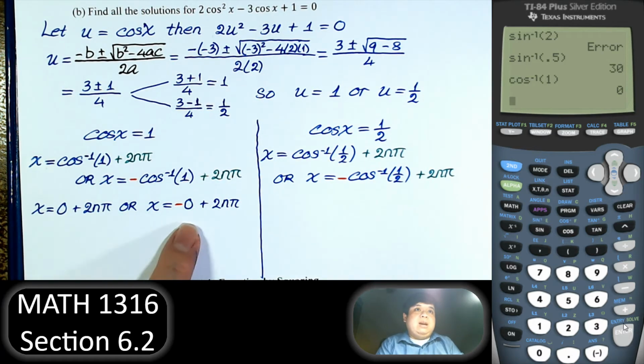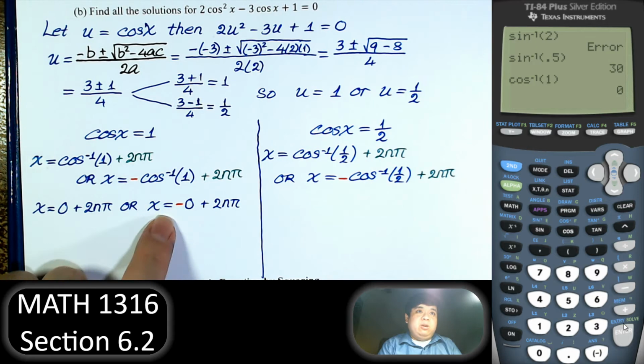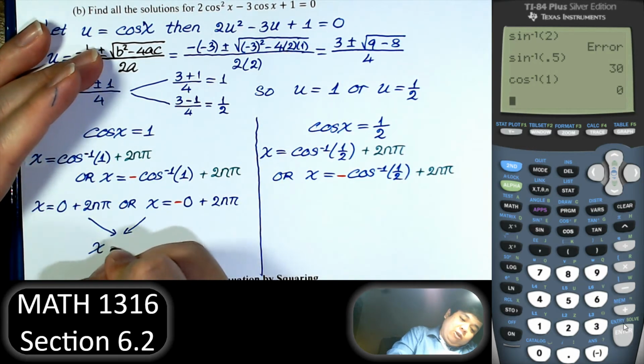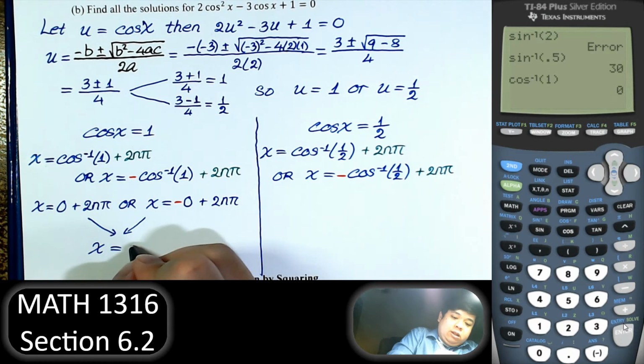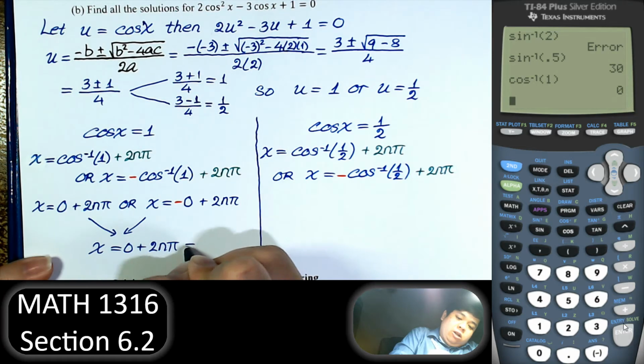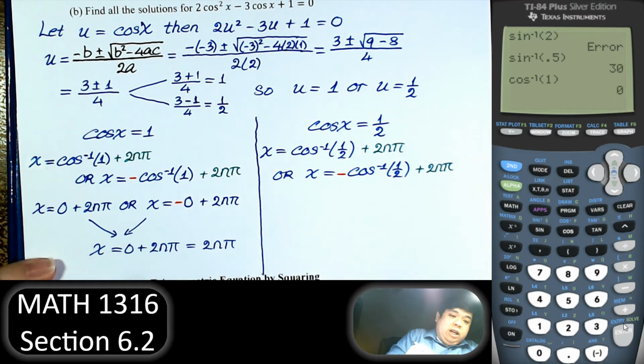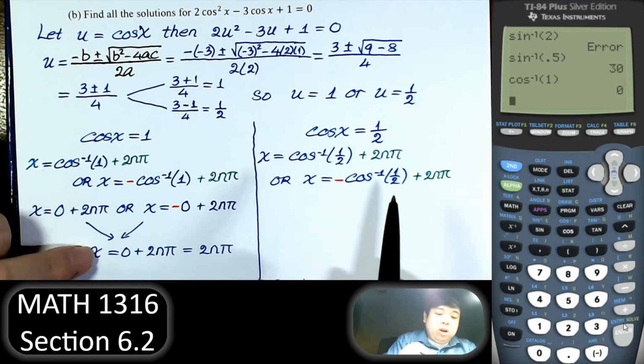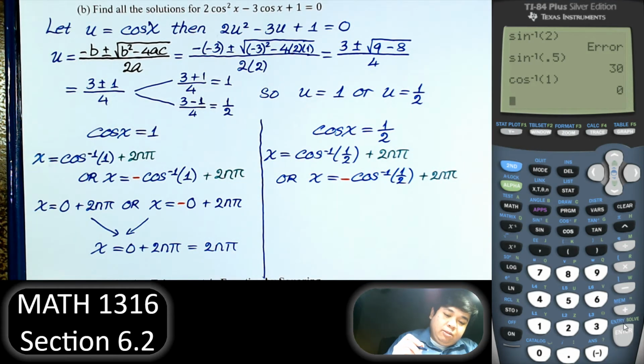Those two will be the same, right? 0 or negative 0 will be the same. So together we just have x equal to 0 plus 2n pi, or just 2n pi. Now the problem says find all the solutions. We don't have an interval in this case. So that's all we have, 2n pi.